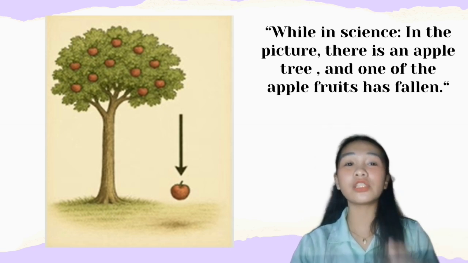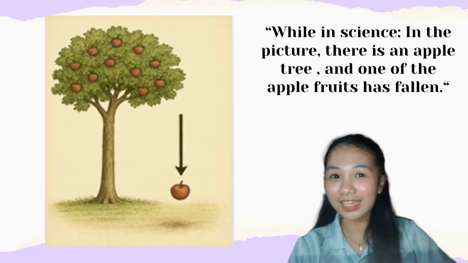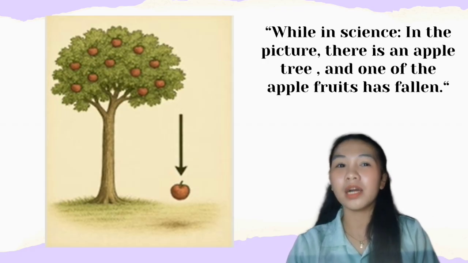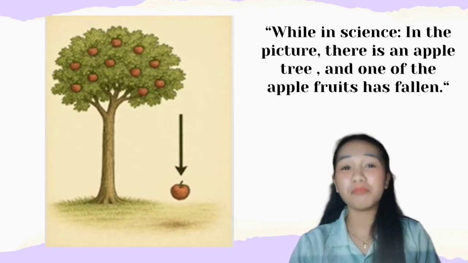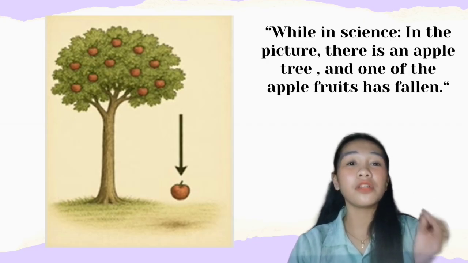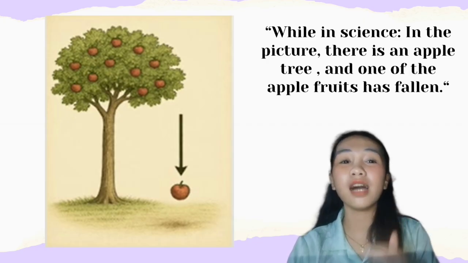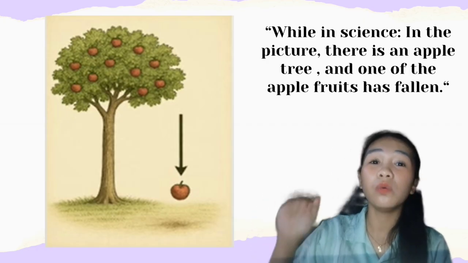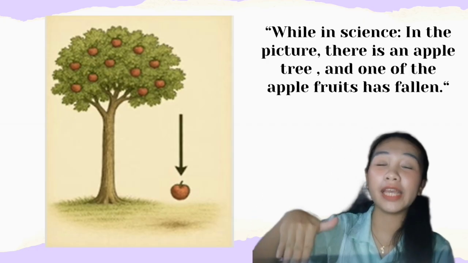We know that the direction of it is downward, right? That's because of gravity. But to understand it better, the direction of the apple is downward because of the arrow facing down, which is an example of a vector.